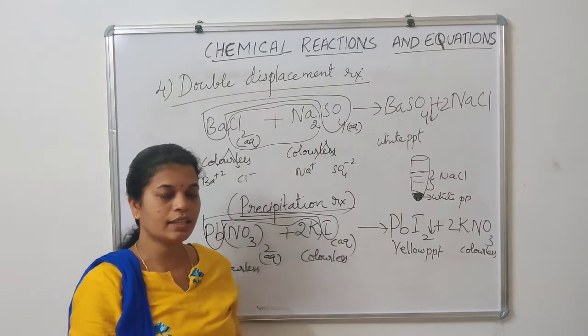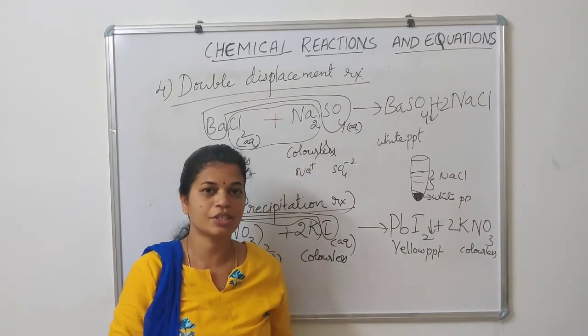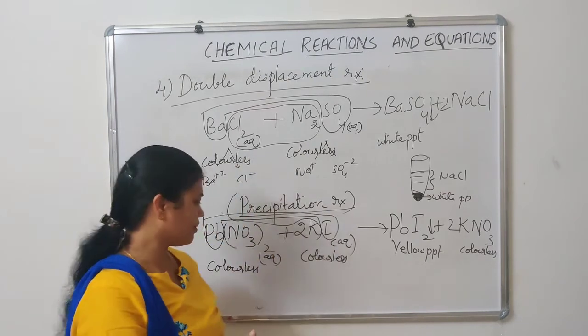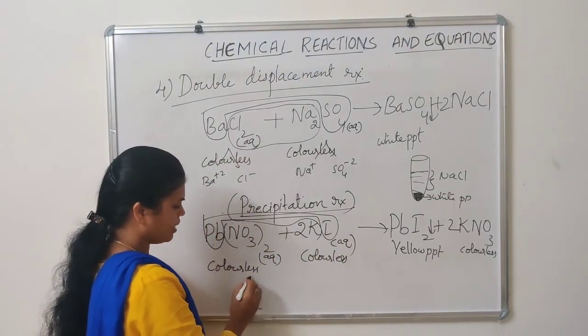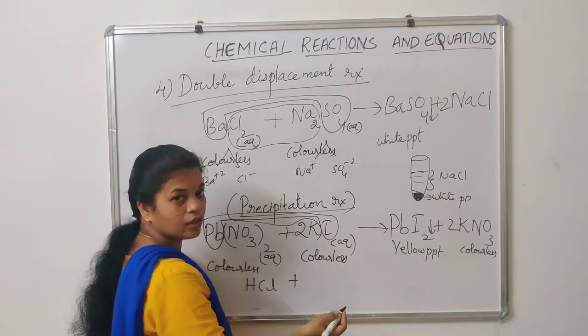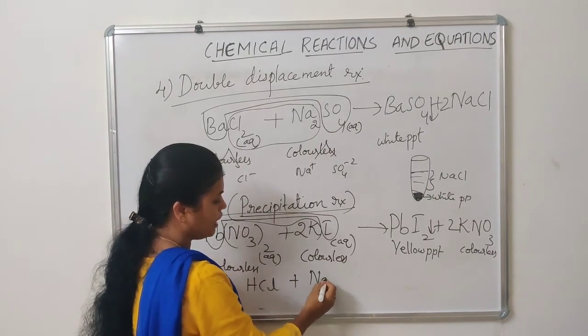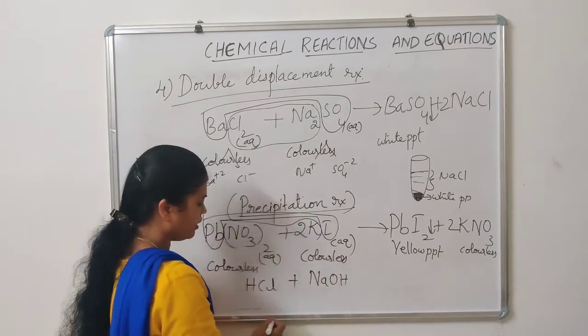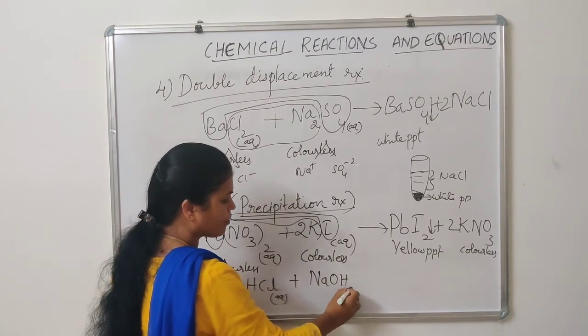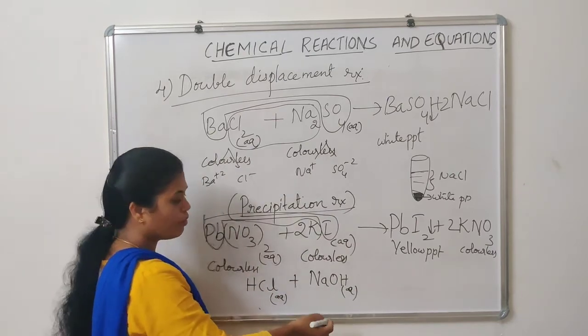Can we take any other example which is not a precipitation reaction? Okay, a reaction between an acid and a base. Take any acid like HCl plus a common base, NaOH, sodium hydroxide. They are already aqueous, dissolved in water, dilute solutions of HCl and NaOH.